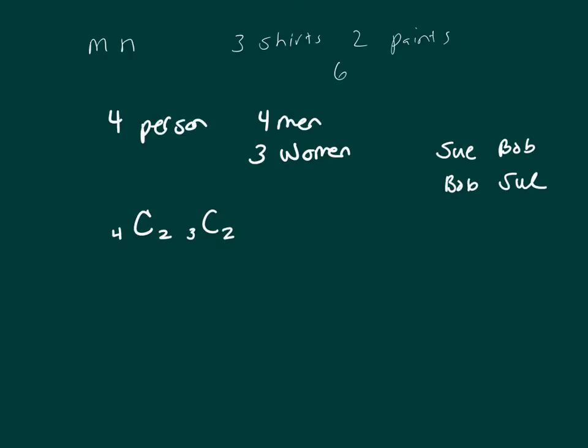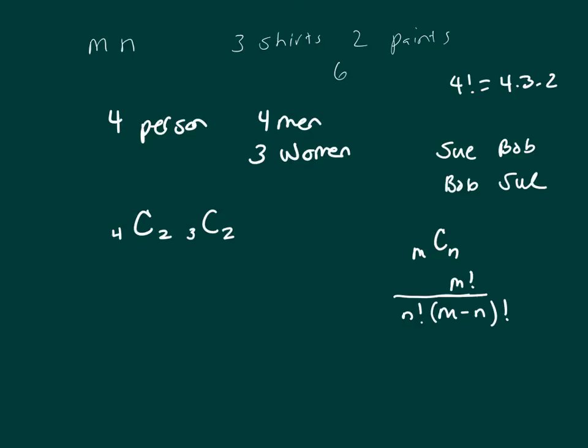So the formula for a combination m choose n is m factorial over m minus n factorial times n factorial. I'll tell you what factorial is. Like 4 factorial is 4 times 3 times 2 times 1.